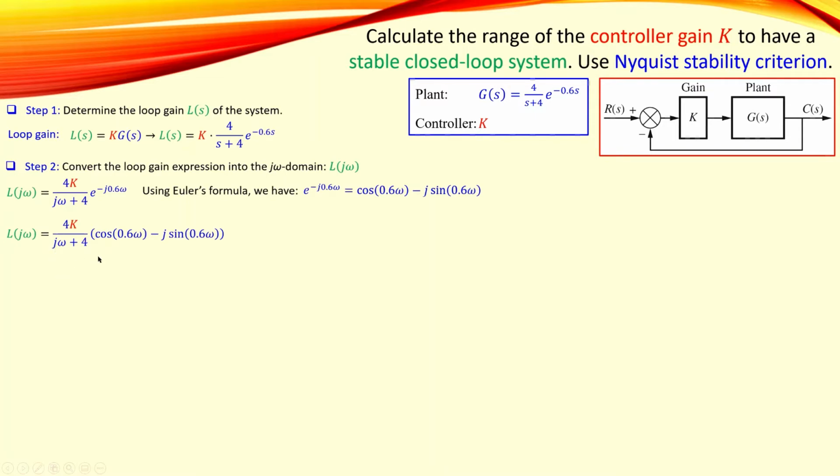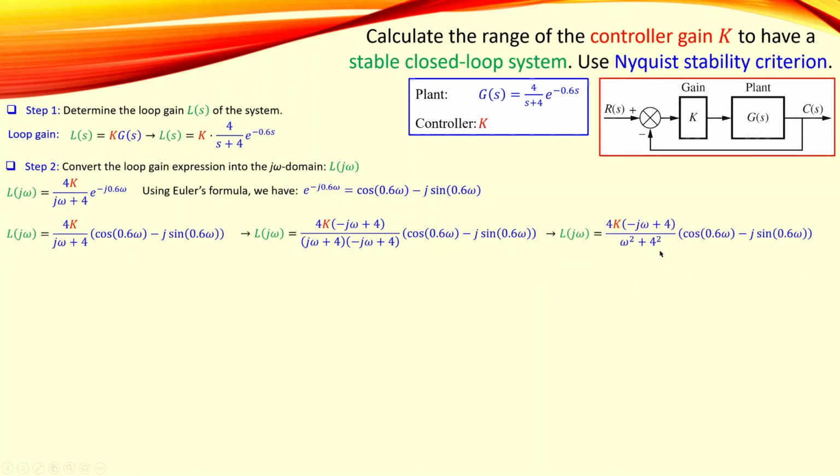So what I do is I will multiply the numerator and the denominator of this expression by the complex conjugate of this expression. So I multiply this by minus j omega plus 4, which is shown here, and I do it also with the numerator.